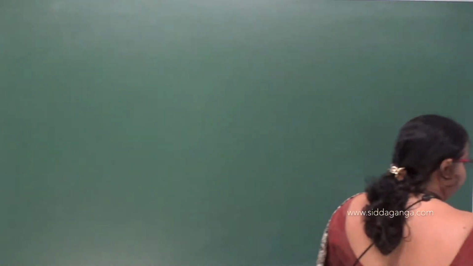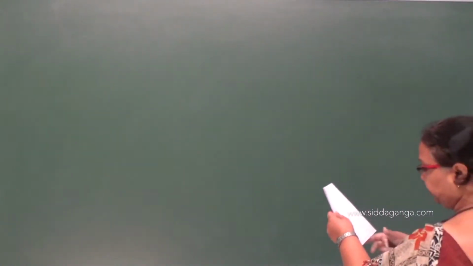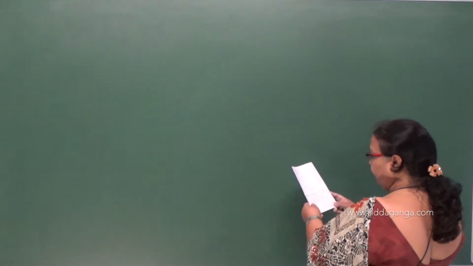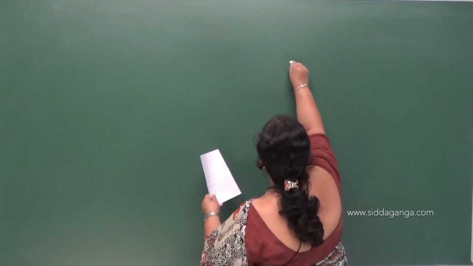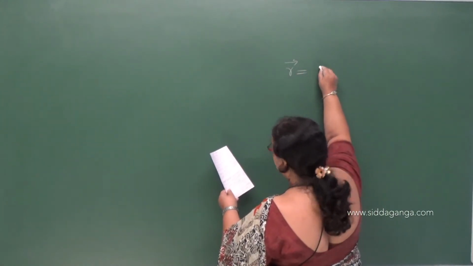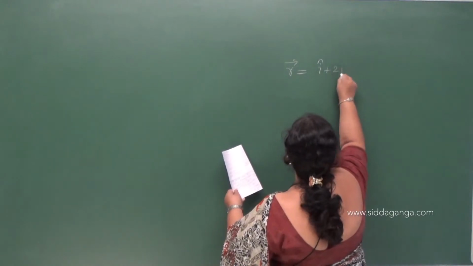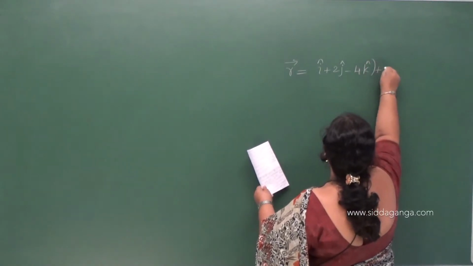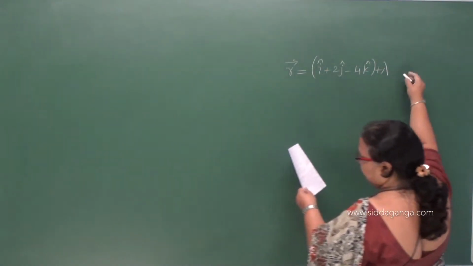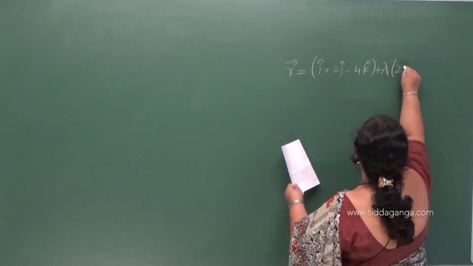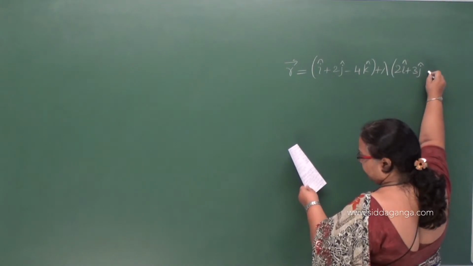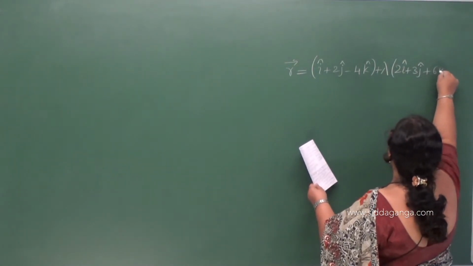How to identify the parallel lines? Now you take vector r equal to i plus 2j minus 4k plus lambda into 2i plus 3j plus 6k cap.